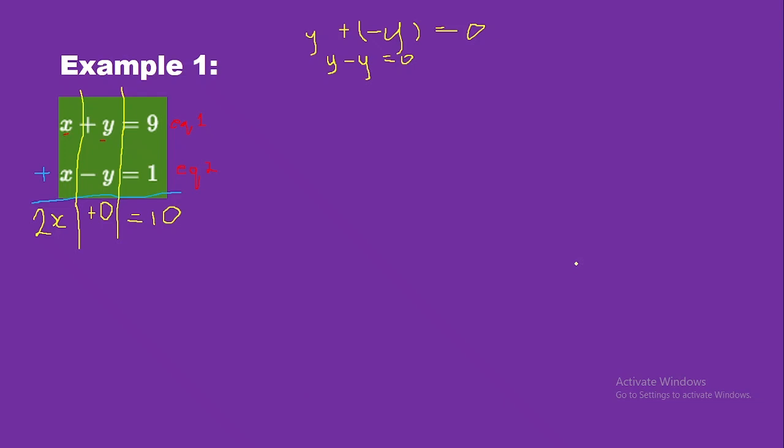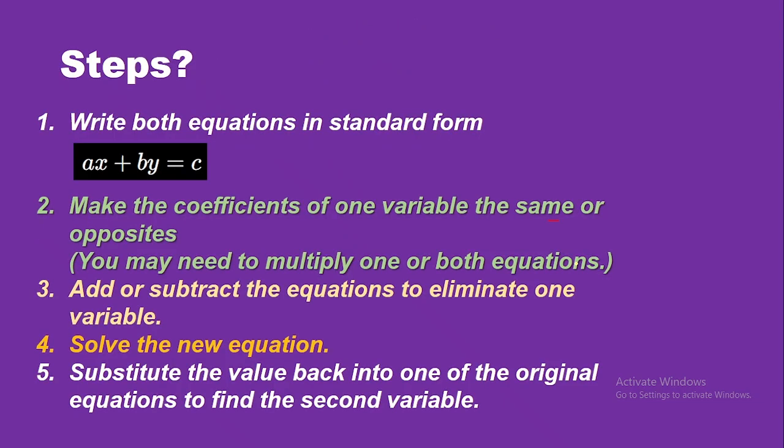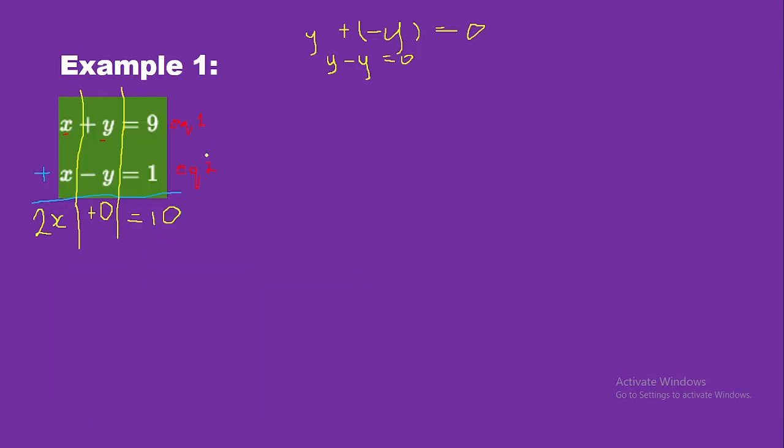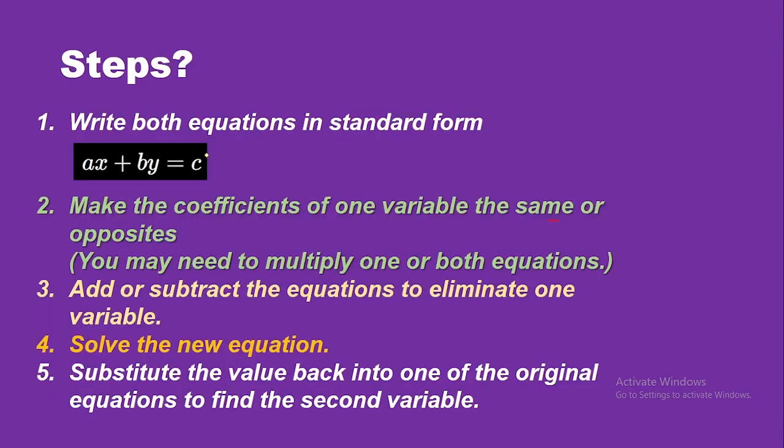So let's go back to our steps now. First things first, we ensure that the equations were in the standard form. They were both in the standard form right here, so we wouldn't have to change how the equations looked. Next, make the coefficients of one of the variables the same or opposite.